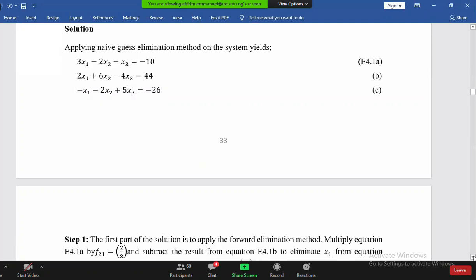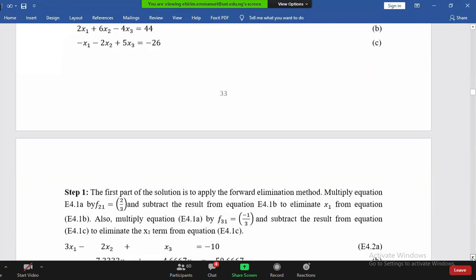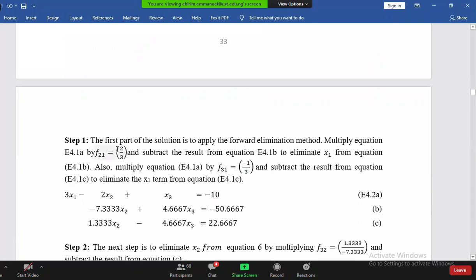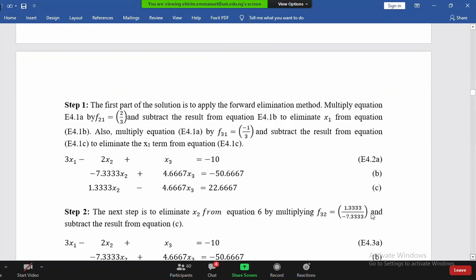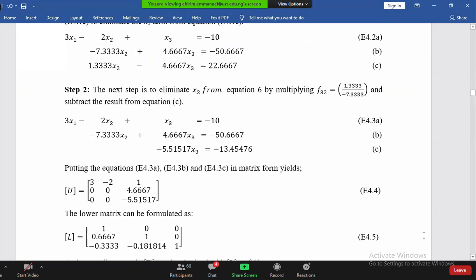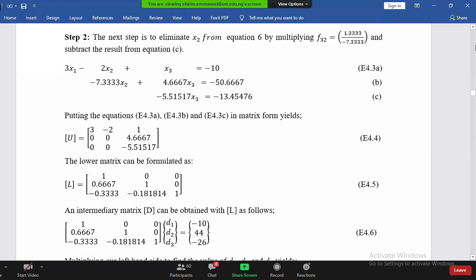As you can see, you have F21 is 2 over 3, F31 is minus 1 over 3. We are going to put those values in and then we form, let me see.